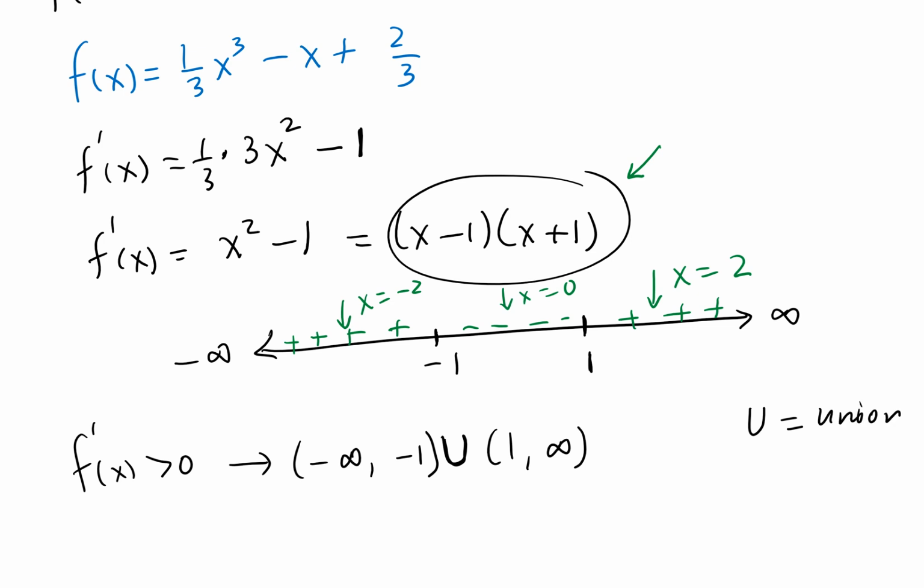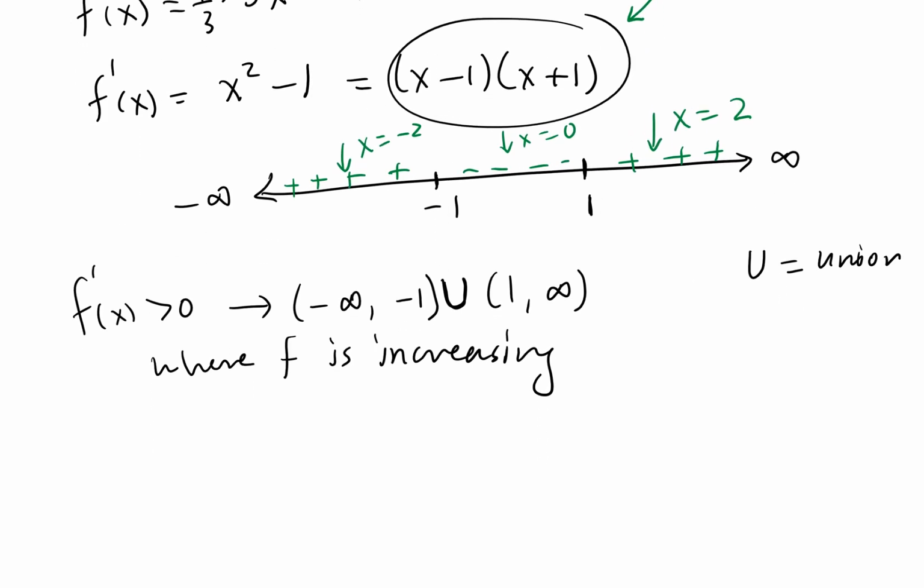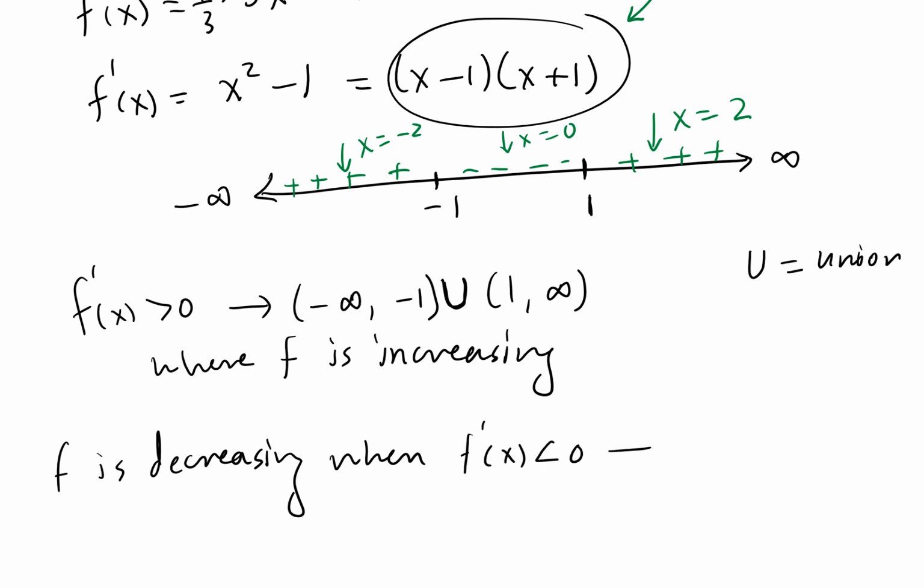This means f prime of x is bigger than 0 over this, and that's where f is increasing. F is decreasing when f prime of x is less than 0. That's when x is between -1 and 1. That's decreasing.